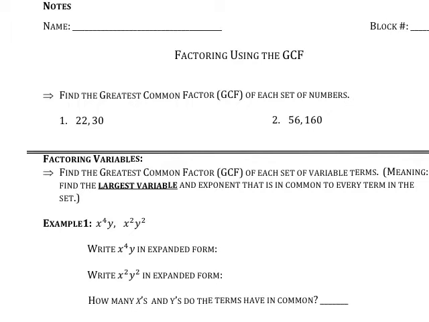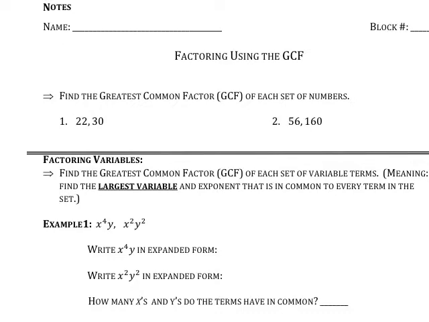If you ever get stuck, like say we're stuck on 22 and 30, the easiest thing to do is to take your smallest number, so in our case 22, and find the factors of that, which is actually pretty simple, right? We have 1 and 22, then we have 2 and 11, and that's kind of the end of that, right?